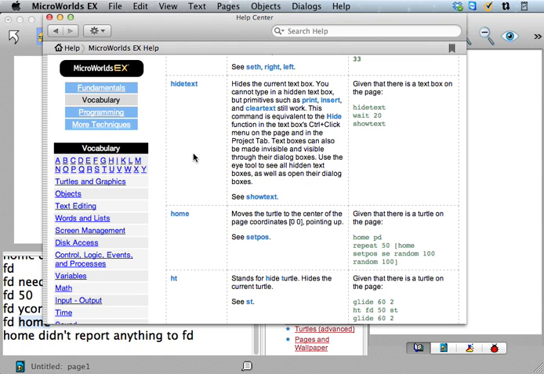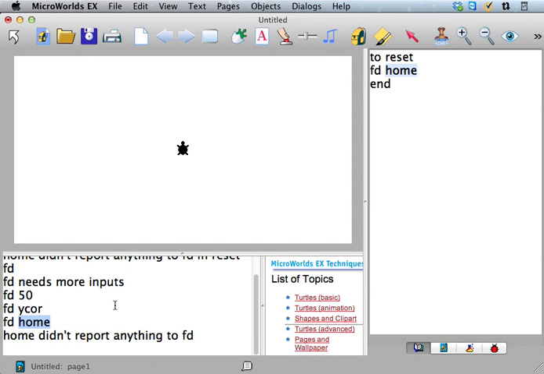So it's a command. Okay, so you see why the difference between commands and reporters is important. The command gives us an error message. The reporter works, as long as the reporter gives the input that the procedure needs and likes, then we're okay.